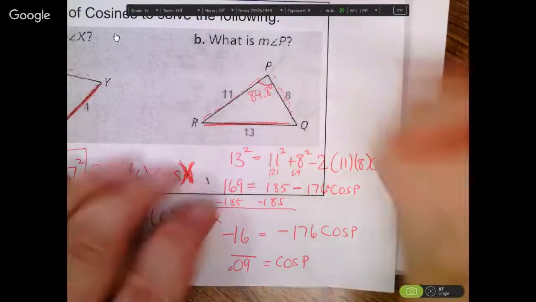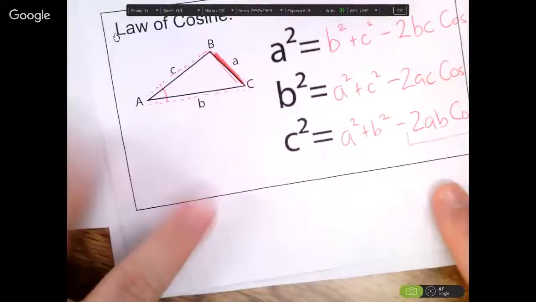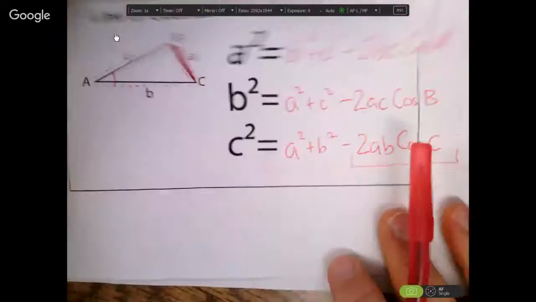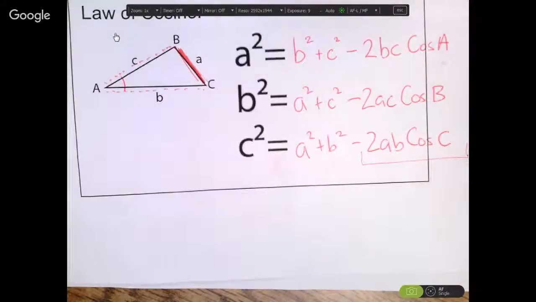I want to tell you one other thing, that there's a variation of the law of cosines that says, so let's go back to this and just write this real quick.